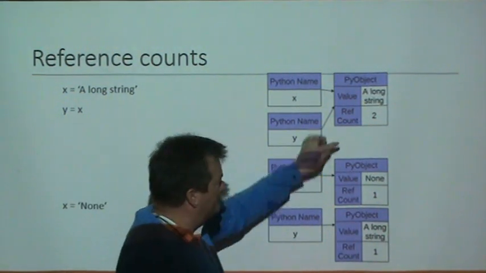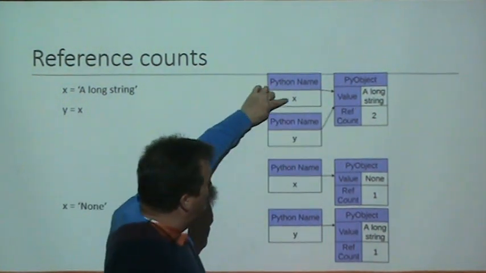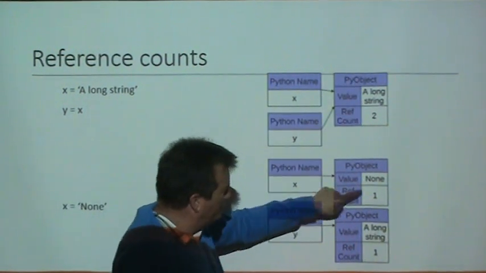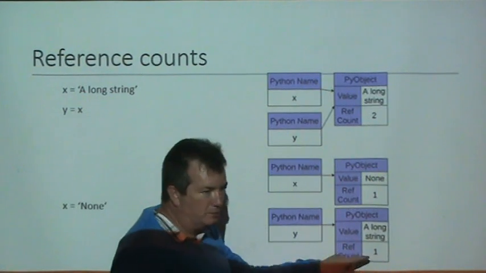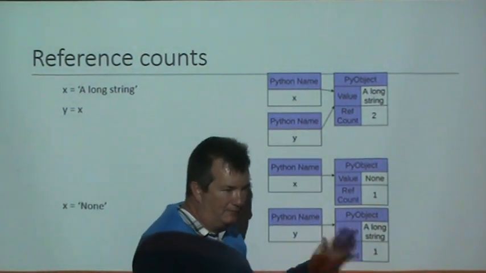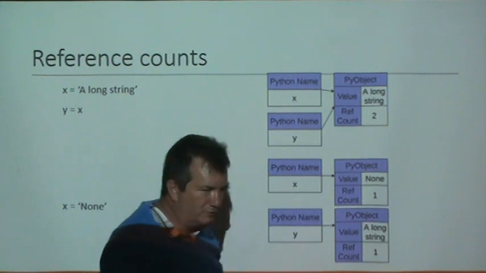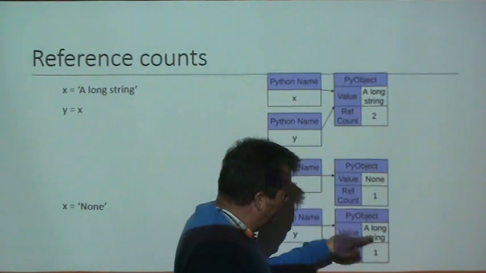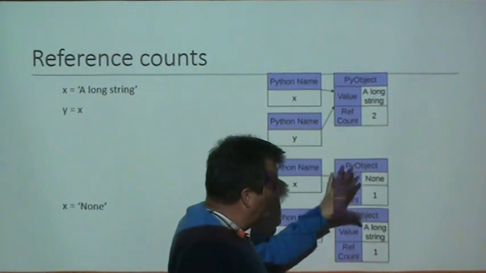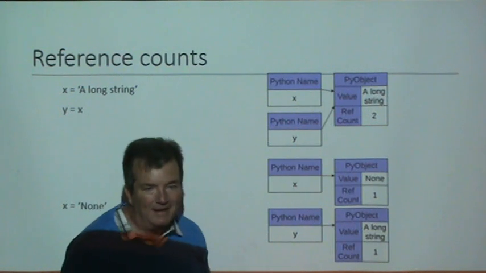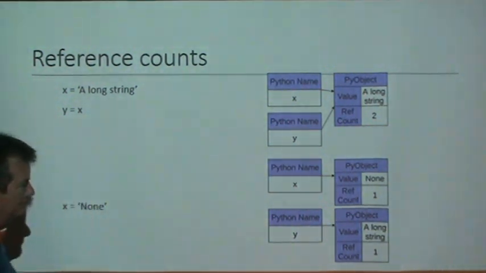But now the reference counts change. Instead of two variable names referring to the string, there's one referring to this one and one referring to that one. Every time a new thing refers to an object, we increase the count, and every time something no longer refers to it, we decrease the count. If the count ever hits 0, then we have a piece of storage that is completely useless, and we might as well get rid of it.